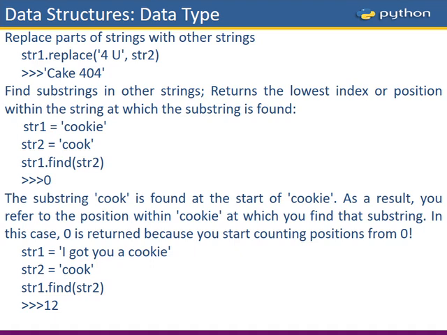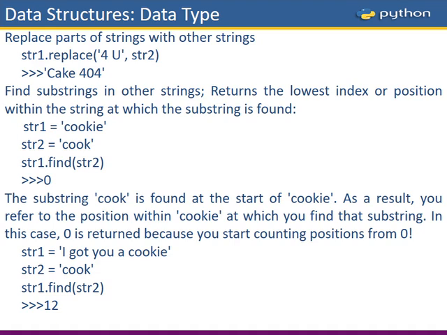Like we have str1 equal to 'cookies' in single quotes, str2 is 'cook'. So we do str1 find str2 inside the brackets. When we generate the output, the position, the lowest index, of str2 cook inside cookies.